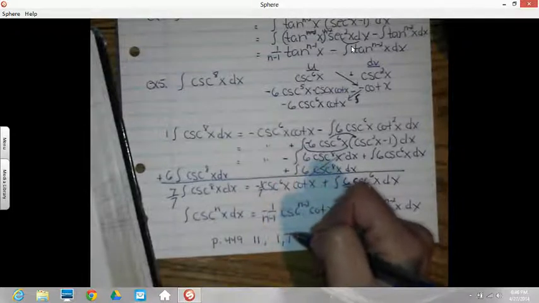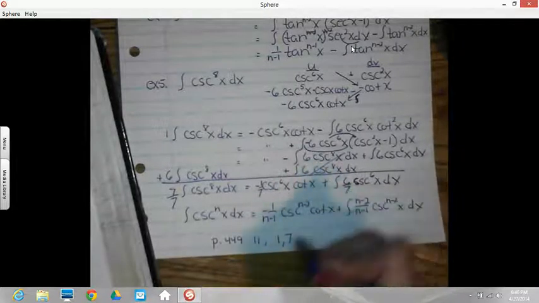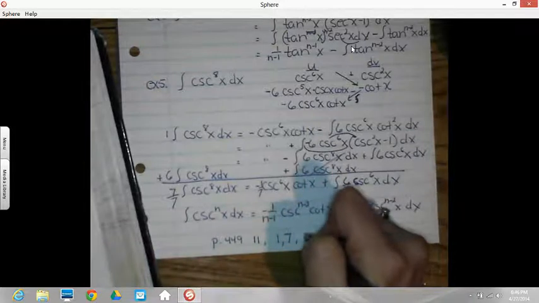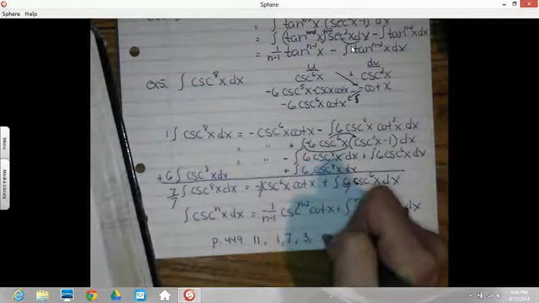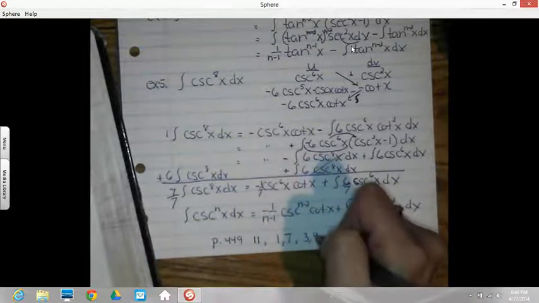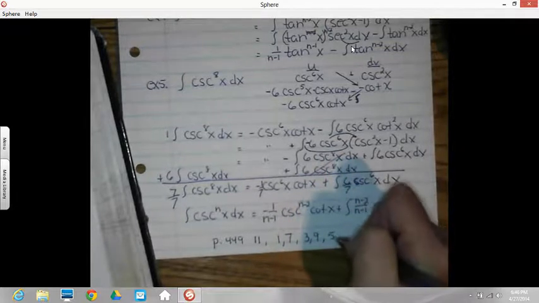This is the nth one for cosine. Cotangent is number 3, the numbered one. 9 is the numerical one. And then secant is 5, and then the nth one is 12.